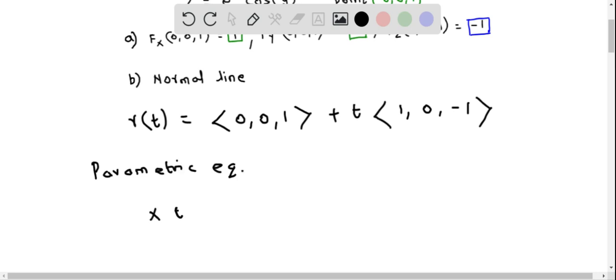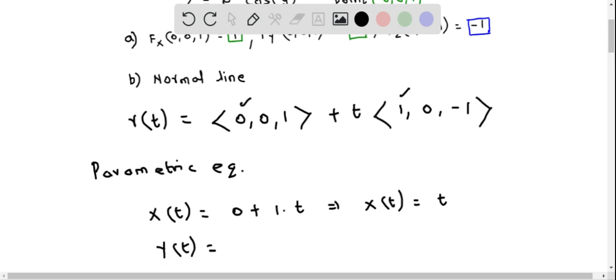So it is x of t, and this equals we take this point and the direction number multiplied by t. So it is 0 plus 1 times t, and so this gives x of t equals t.